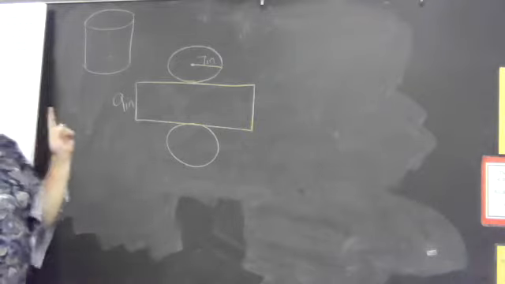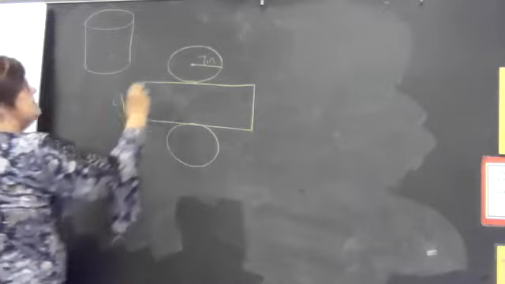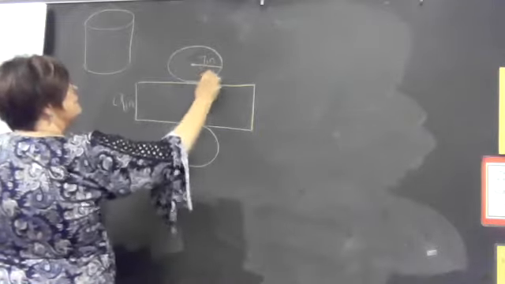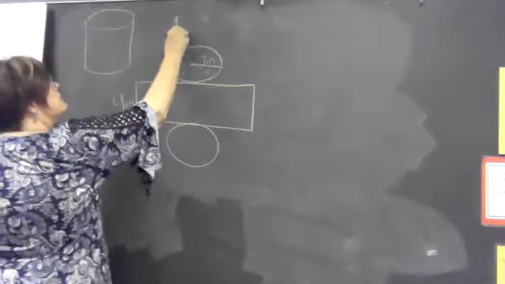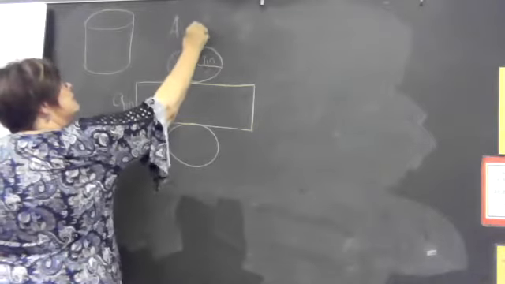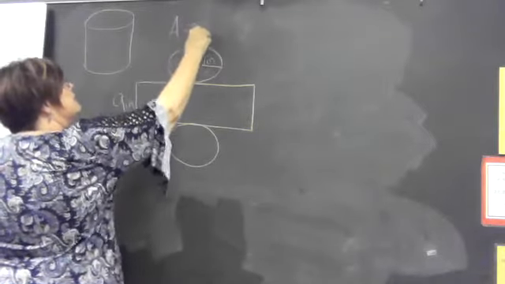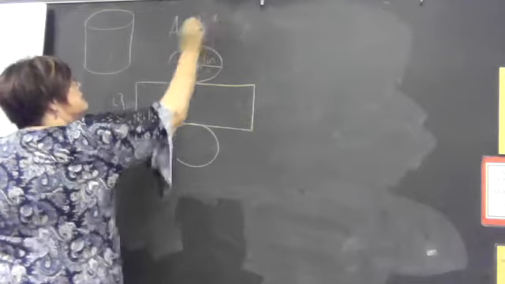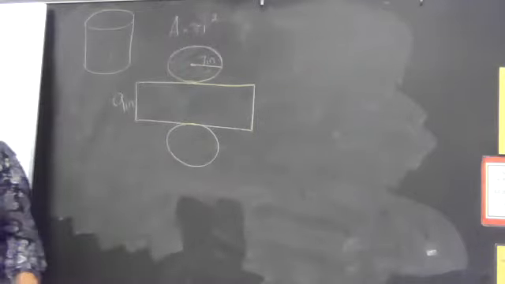Okay, so we'll get to the part that's the problem. Let's find this area. How do you find the area of a circle? Pi r squared.